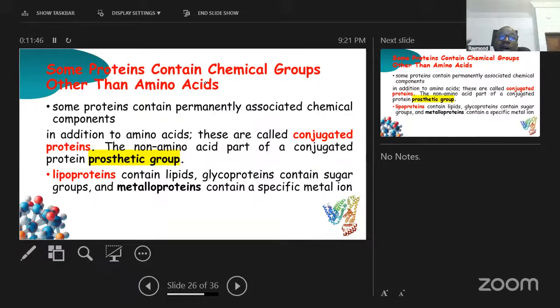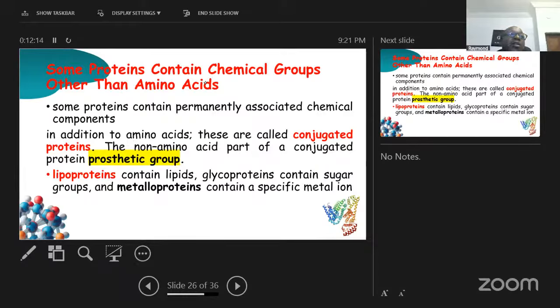So the lipoprotein contains lipids and proteins. We have glycoproteins that contain sugars and proteins. We have the metalloproteins. These are proteins that contain a metal group. Example, potassium, sodium, iron, which is ferrous, found in hemoglobin.